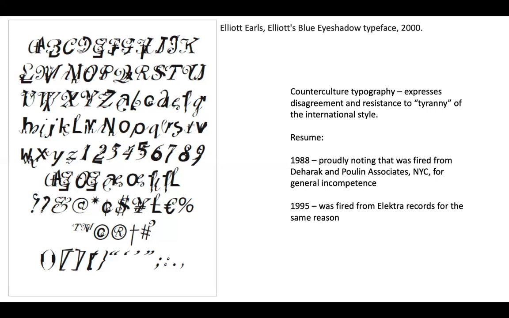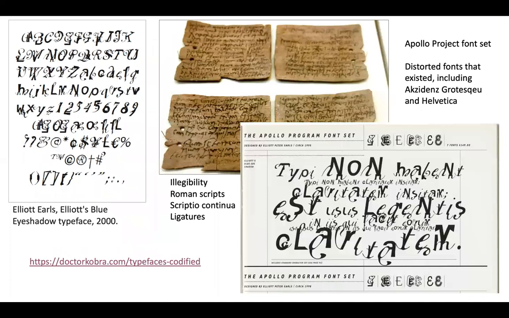So he creates Blue Eyeshadow, and it is very, not legible, especially if the letters were to actually be close together and connect, right? So what do they have? In my opinion, they have something that letters used to have back in the Roman Empire, in antiquity. Essentially, illegibility.